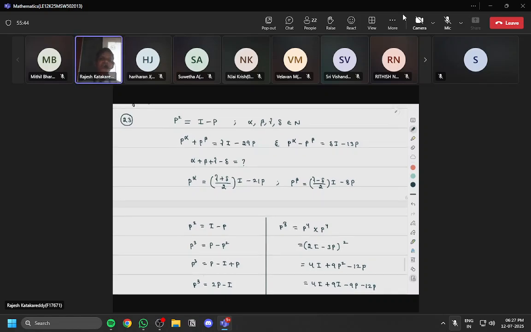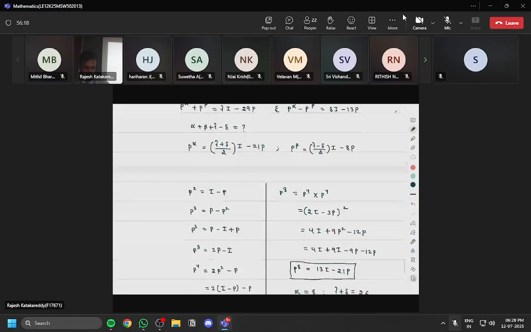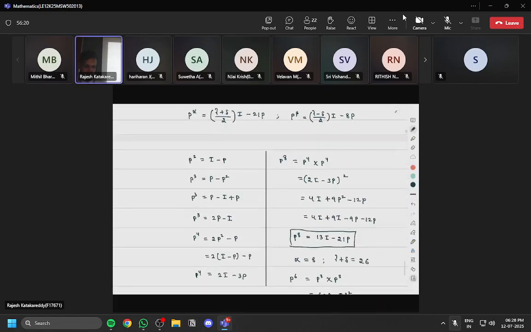Any doubts in this? Anybody? Anybody writing this part of the solution? Can I scroll up? Right, please. Scroll up, Abhinav. Given details I moved up.